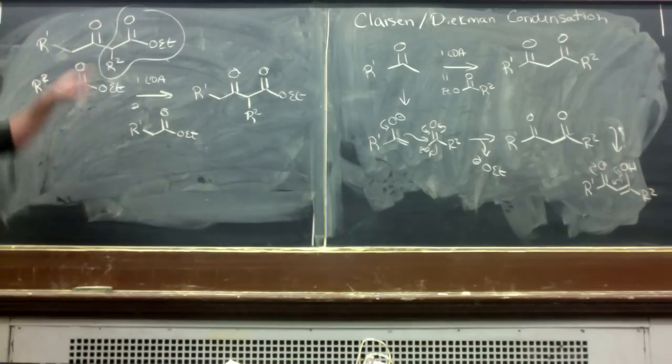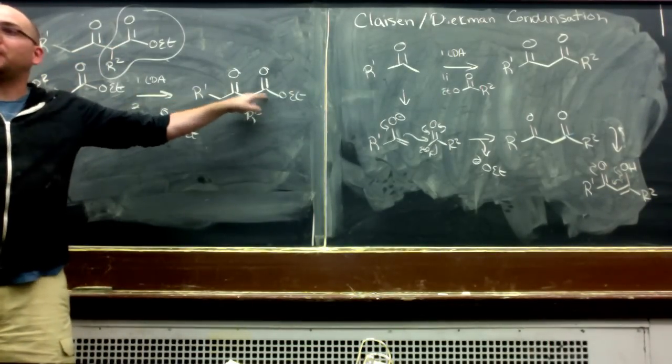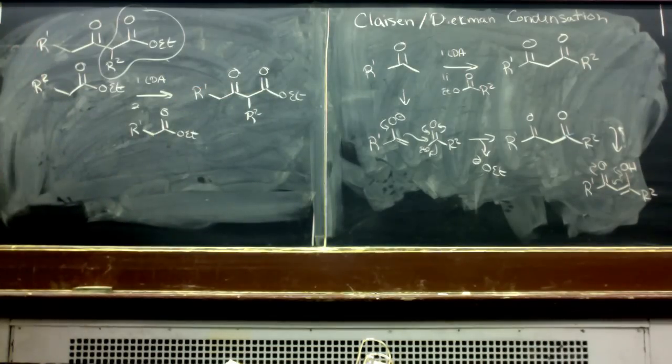Okay? And so now we want to start making functionalization of that carbon, we can begin to do so in a selective way and then get the decarboxylation. So the Dieckmann condensation can really be our entry into this sort of initial system that I talked about.